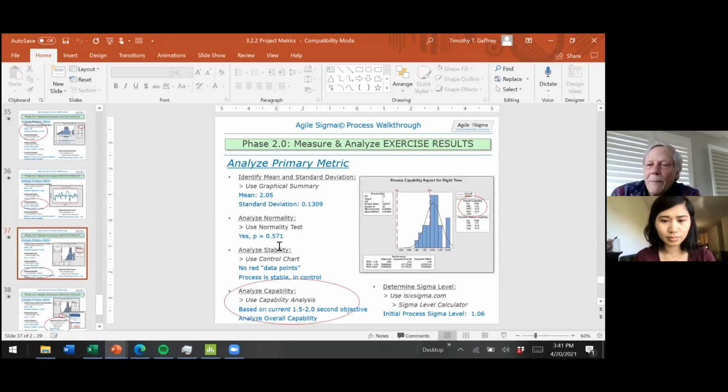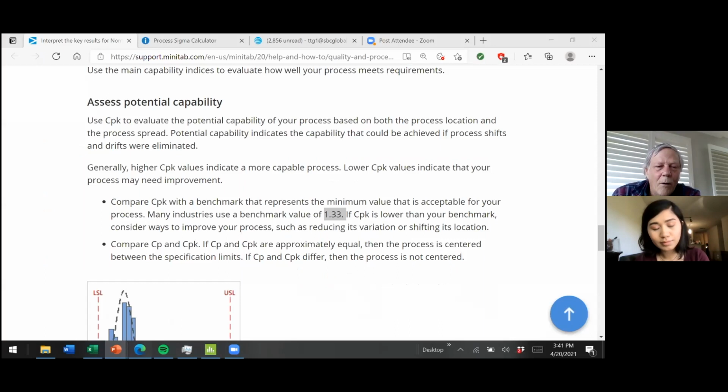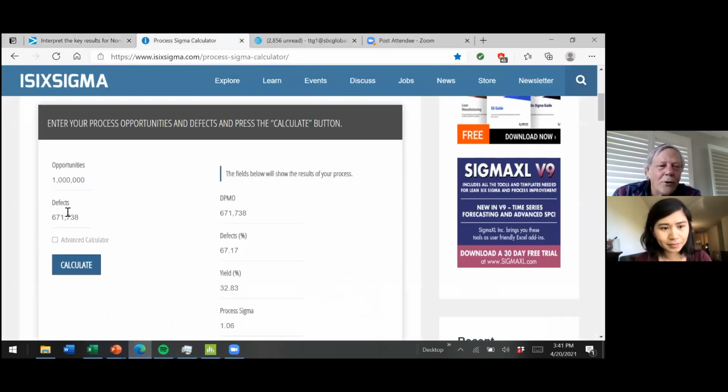We analyzed its capability based on a spec limit of 1.5 and 2.0, and analyzed its overall capability and determined that its sigma level on the I6 Sigma calculator was 1.06. Now, what if we had 114? Boy, that real gracious customer didn't mind when we landed that helicopter.